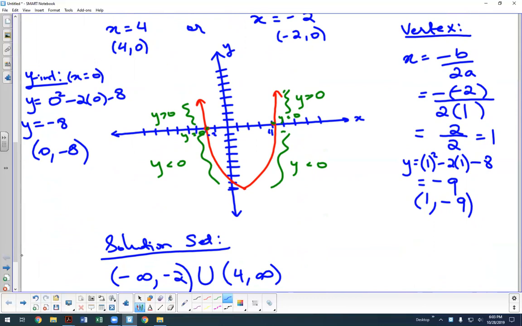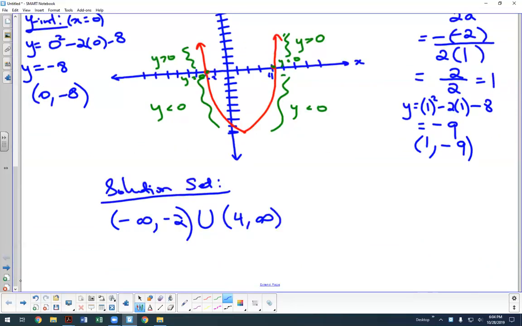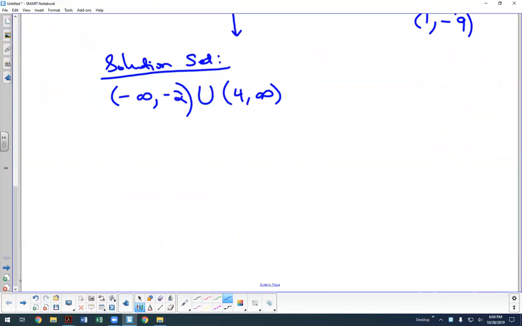So number 11 is a continuation of this same function, same graph. The only difference is we are changing the direction of your inequality symbol. So look at number 11 and tell me, what do you think that solution set should be?